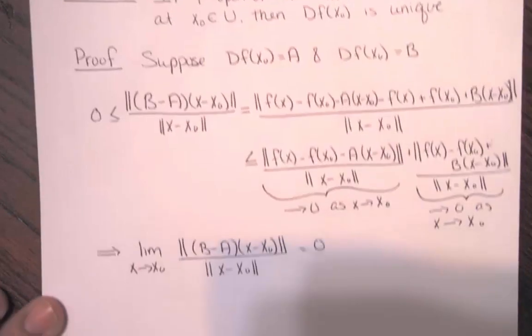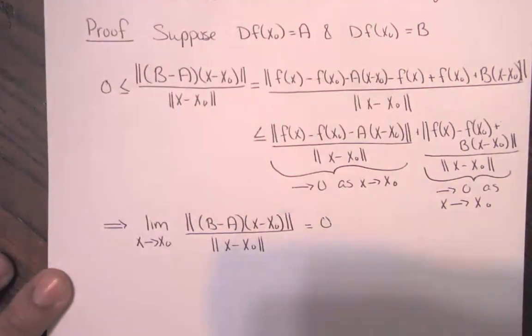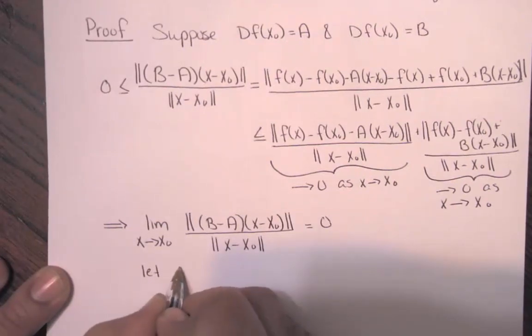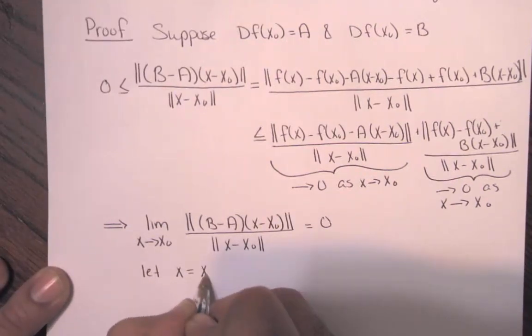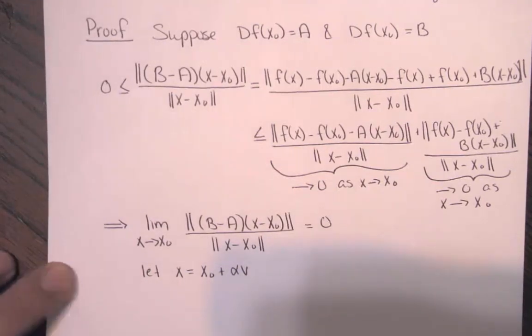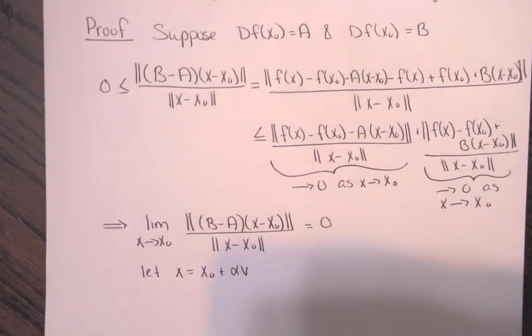Now notice that x is arbitrary. Well, let x therefore equal x naught plus alpha times v, where v is some arbitrary vector. Well, if I let alpha go to 0, then that would mean x approaches x naught.